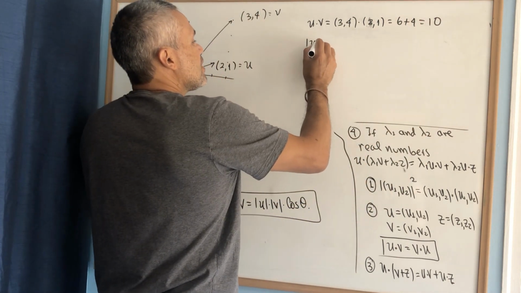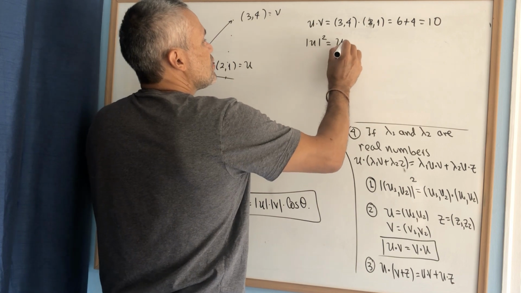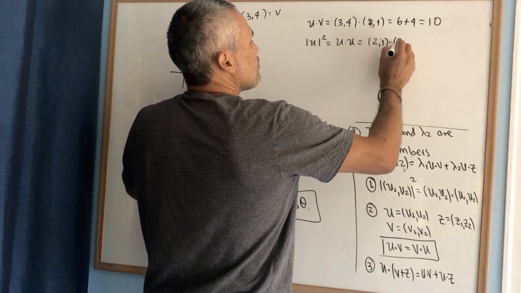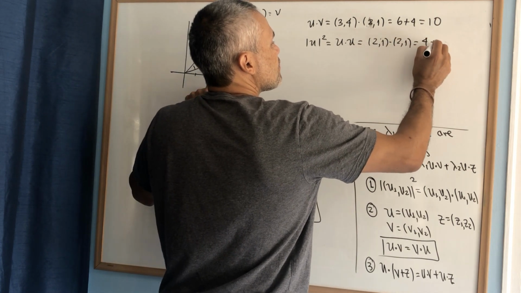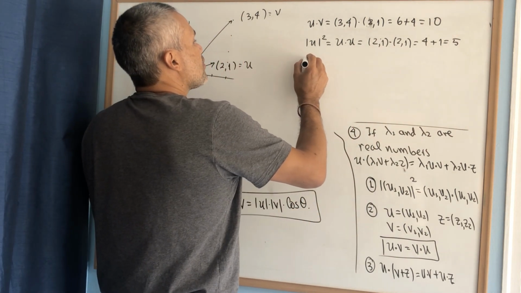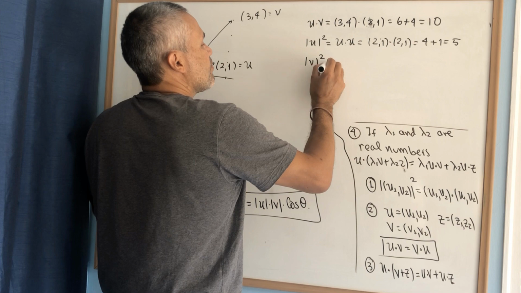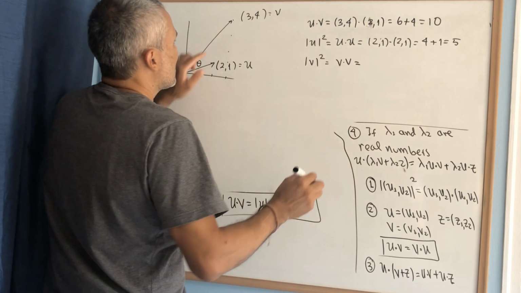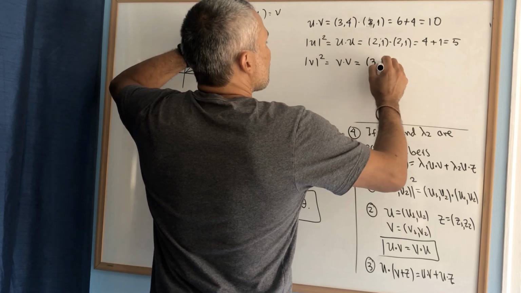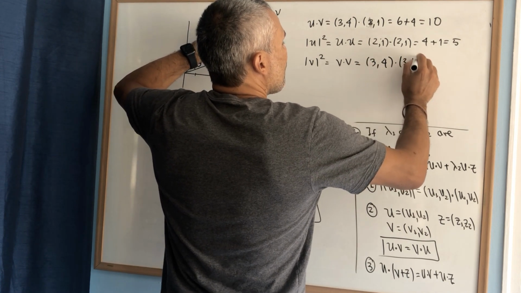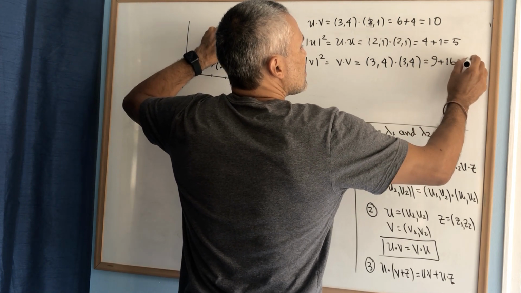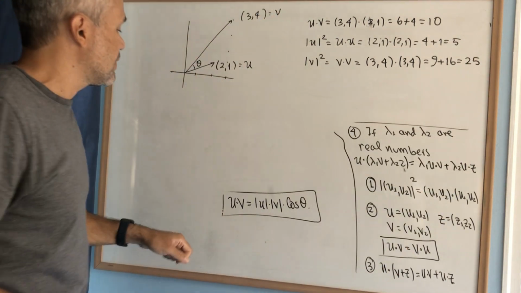The norm of u squared is just u dot product with u, and this is 2, 1 dot product with 2, 1, and this is 4 plus 1, which is 5. And the dot product of v with v is 3, 4 dot product with 3, 4, and this is 9 plus 16, which is 25.